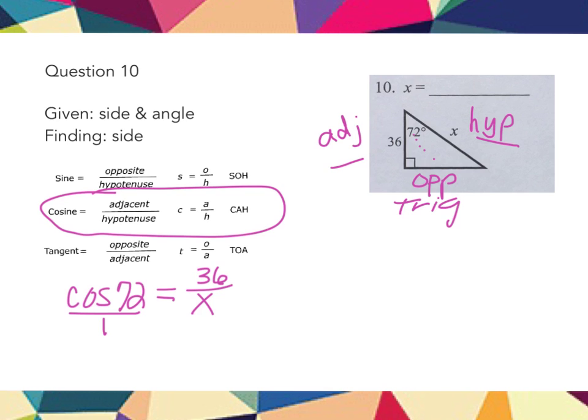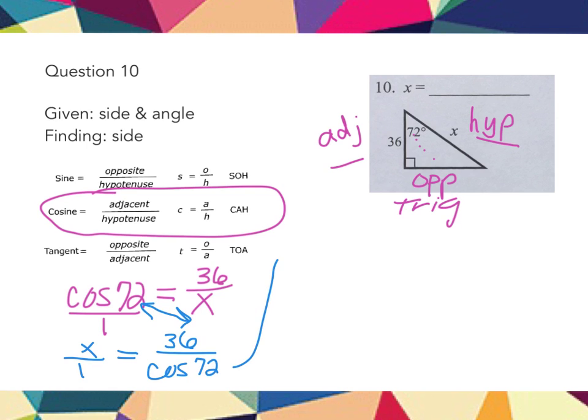So we can interchange anything diagonally in a proportion, and it would help us to swap the cosine of 72 with x. The reason that would help us is when we do that, we get x over 1, which is the same as x, because anything divided by 1 is itself. And then we also get 36 over the cosine of 72.